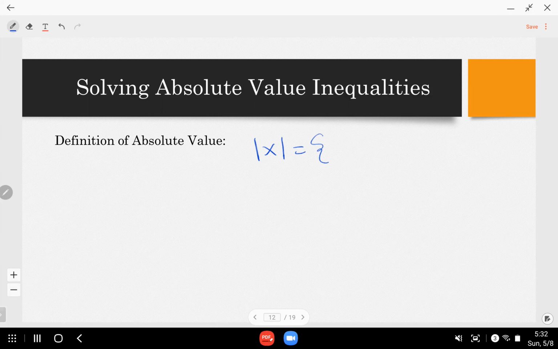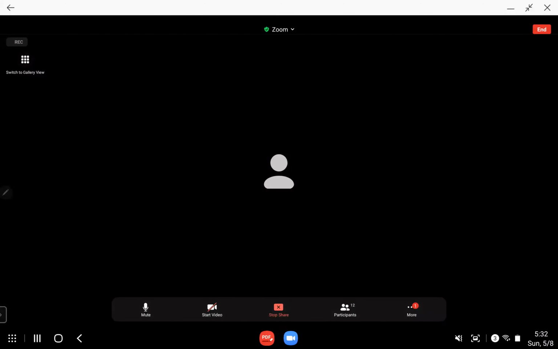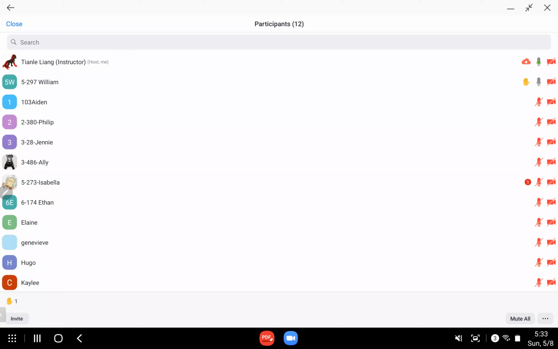The absolute value of x is greater than negative whatever, and can also be less than whatever. Wait, no. Does anybody else have some ideas? Okay, William. Very good.